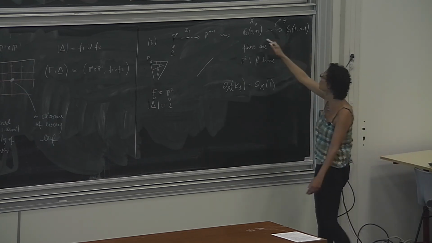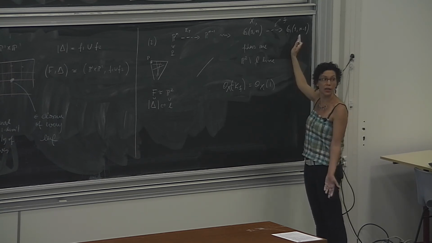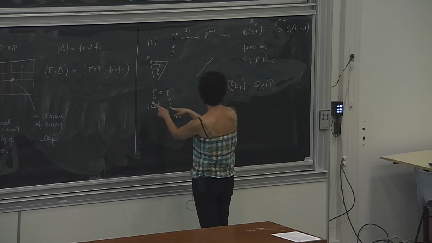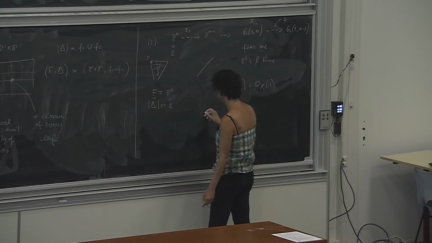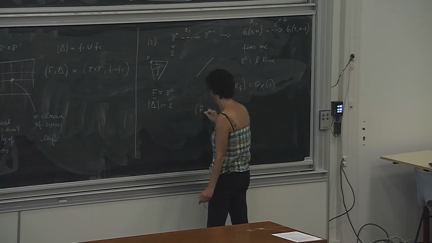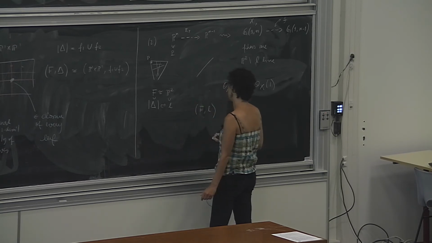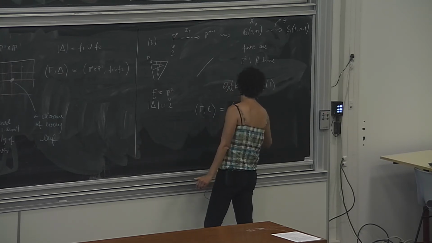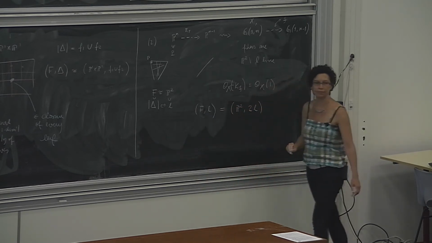So you just compute the relative canonical class of this map. And then if you plug in here, you will see in the adjunction formula that in this case, the pair F tilde and L is P2 with 2 times a line.